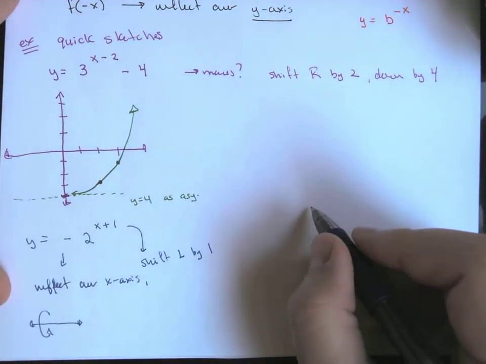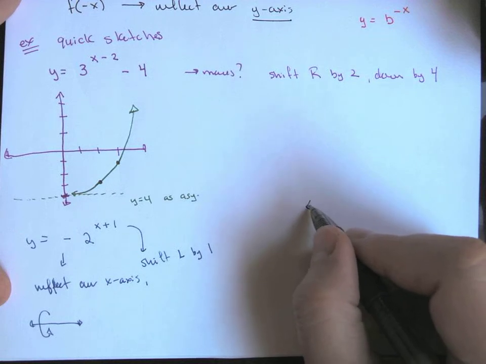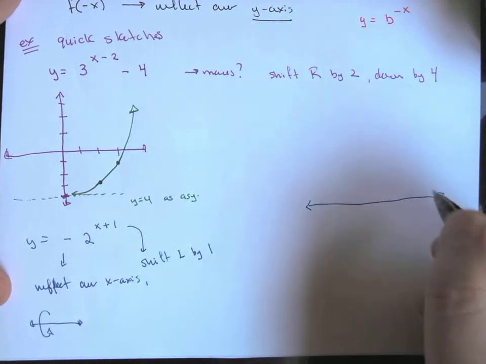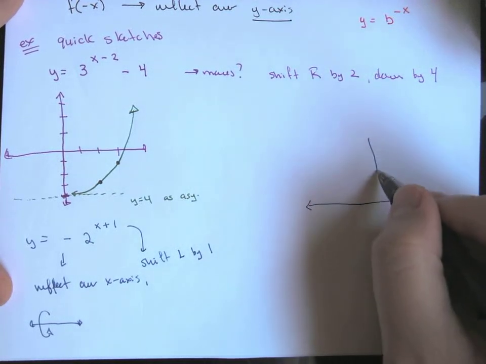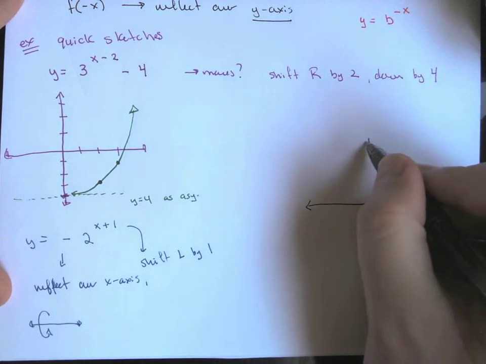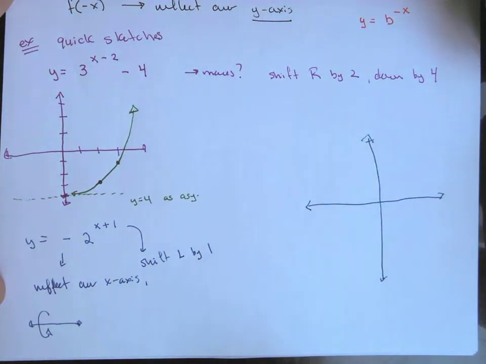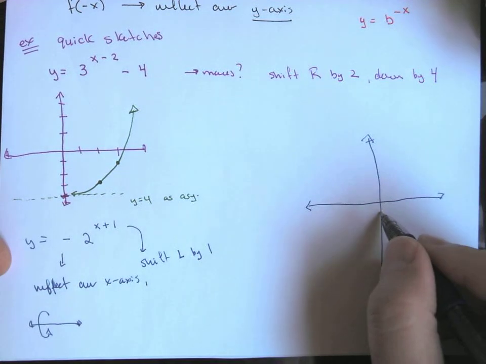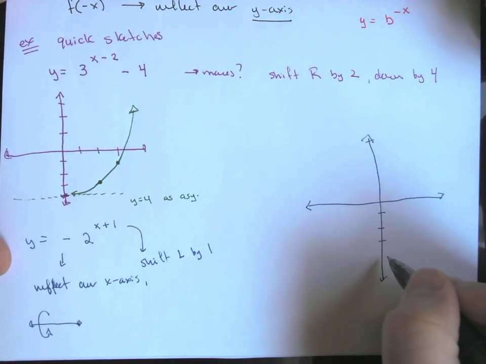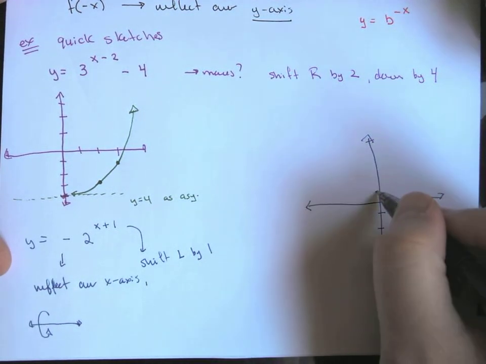So let's see if we can make this happen. Again, we're trying to do this without necessarily making a new table of values. That is always an option, but we're just trying to make a quick back of the napkin style sketch here.